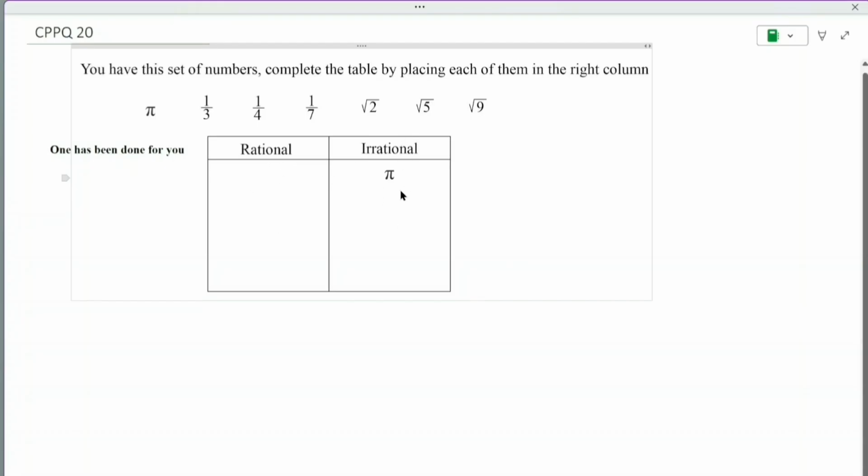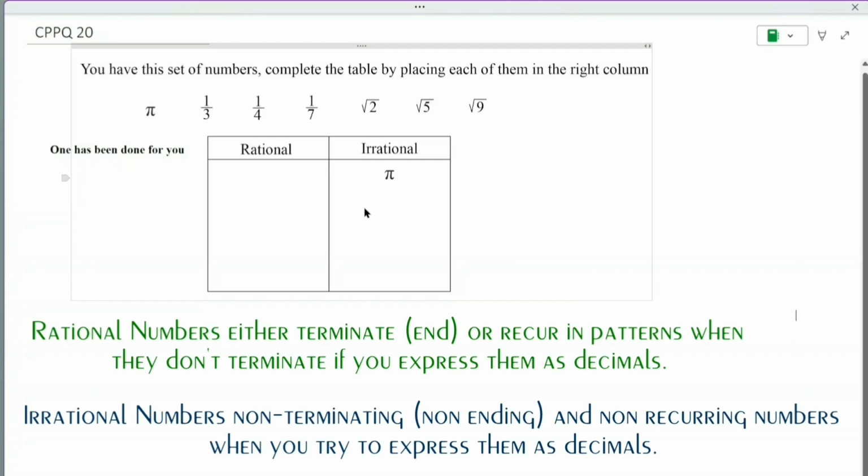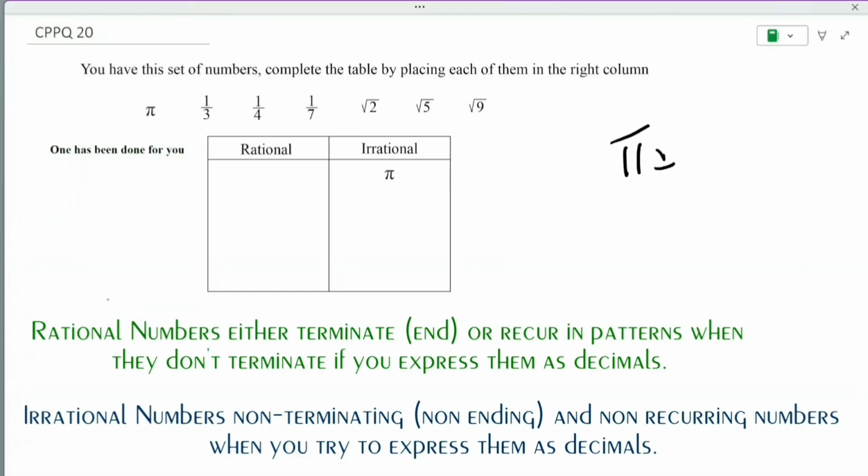Now under the irrational column, the one that has been done is pi, which is the very first one. You know, pi is an irrational number. You should know what irrational numbers are. Irrational numbers are numbers that can't actually be expressed as fractions. Now, in the case of pi, you know that pi can actually be expressed as a decimal, but it's approximately 3.14 in some cases, and in others it can be given to you as 3.142.